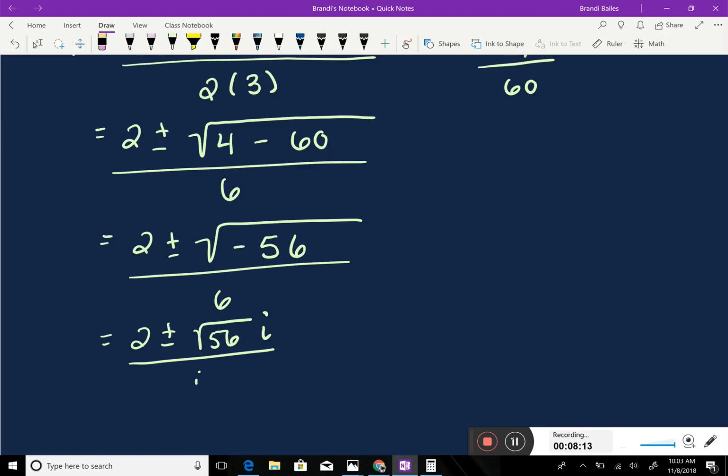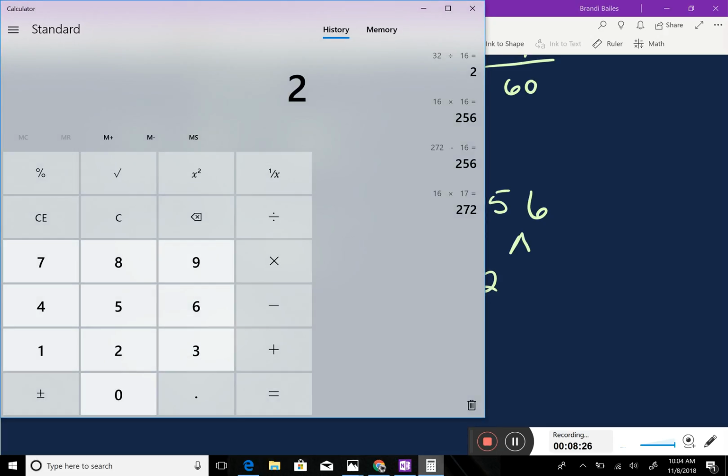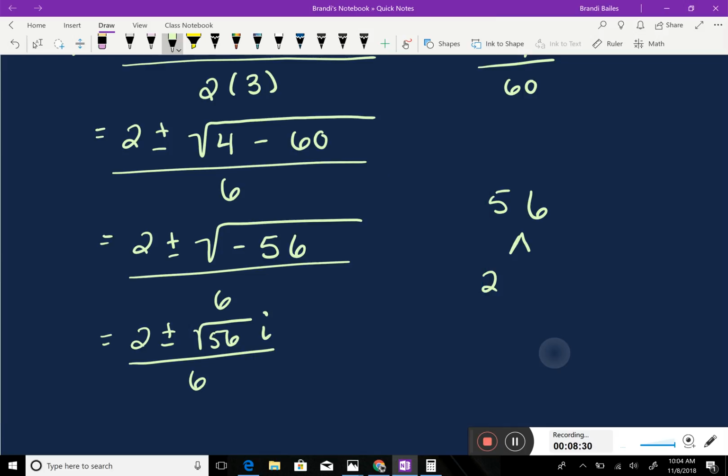And now I want to see if I can reduce the square root of 56. So 56, let's see, that is 2 times 28. And 28, that's 4 times 7.